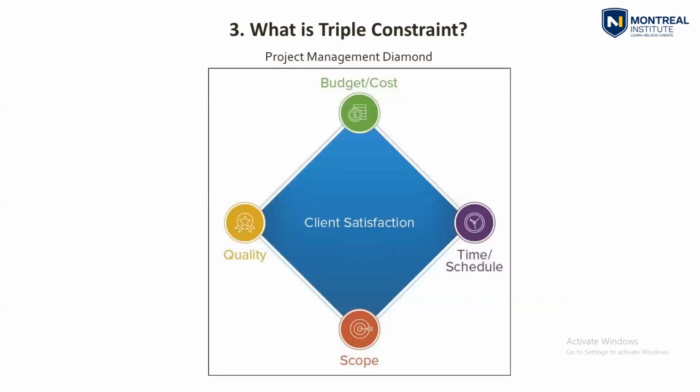So you can see in this project management diamond, budget or cost, time or schedule, scope and quality will be at the corners, and client satisfaction will be at the center theme. So based on your company policy, it can be a project management triangle or a project management diamond.